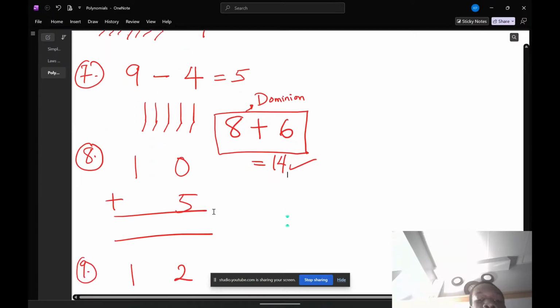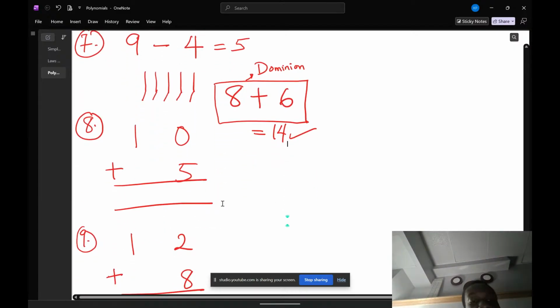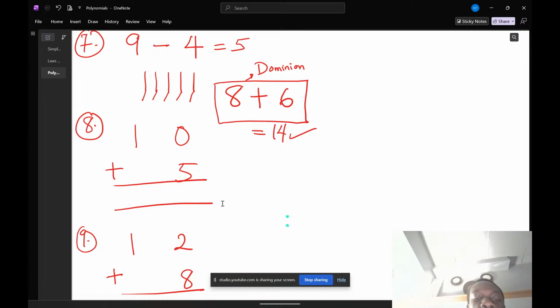So now I'm going to do the addition of two digits and single digits together. The first one we have is 10 plus 5. You see the way I wrote it in a vertical fashion. When we are doing addition of two or more digits in a block format like this, we start from the back to the front, from the right hand side moving to the left hand side.